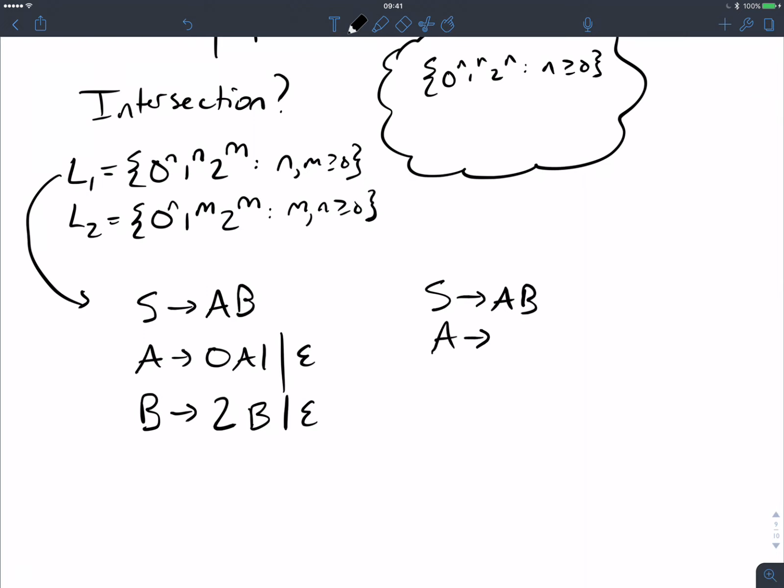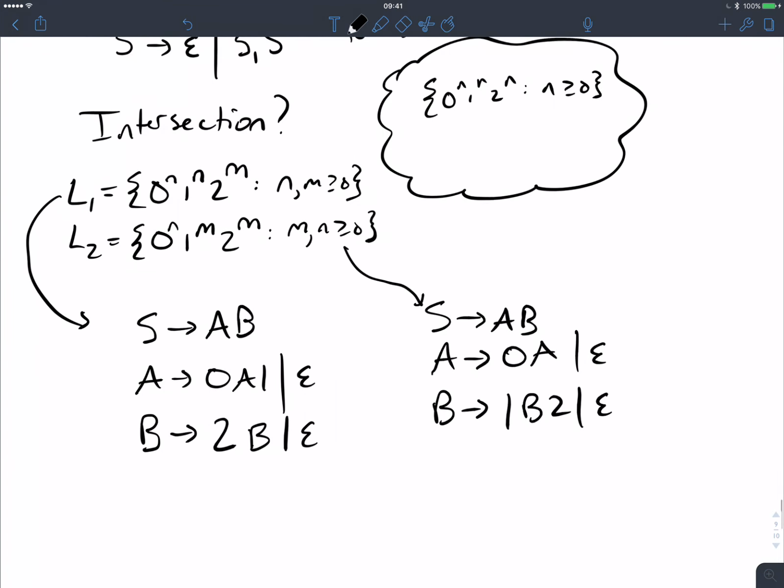The A part just has to spit off all the zeros at the beginning, just like the B one in the first grammar did for the 2's. And B has to make the same number of 1's and 2's. And so that's a grammar for that. So that actually wasn't that hard.